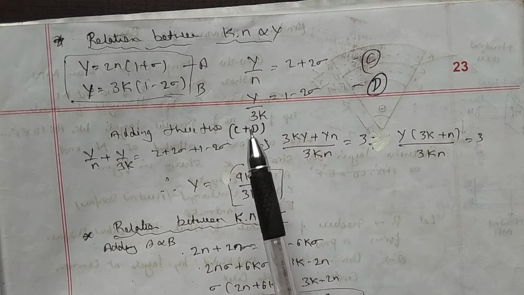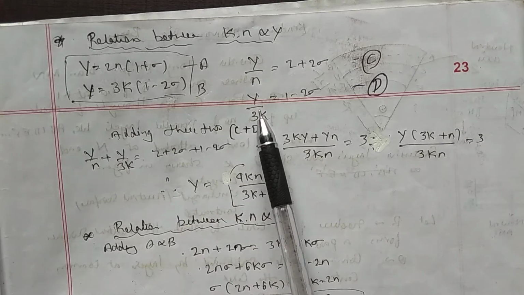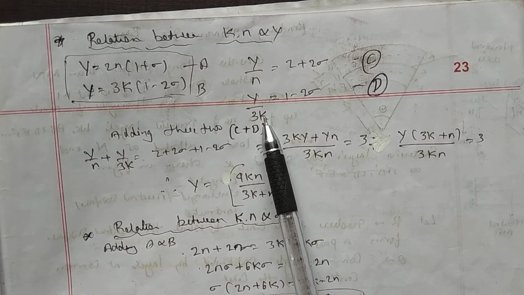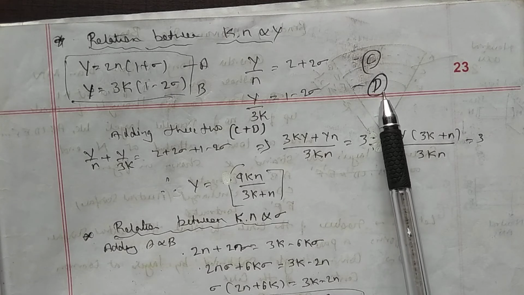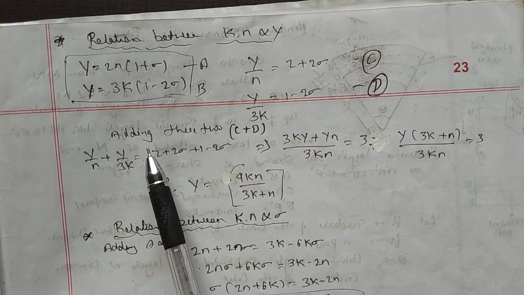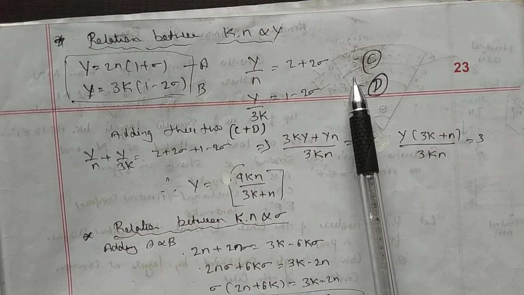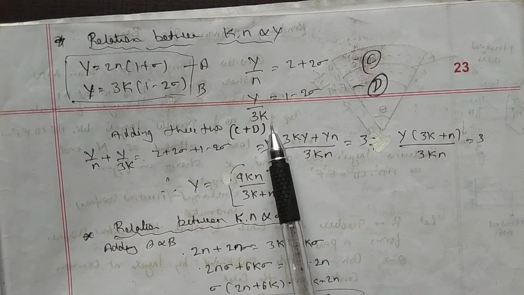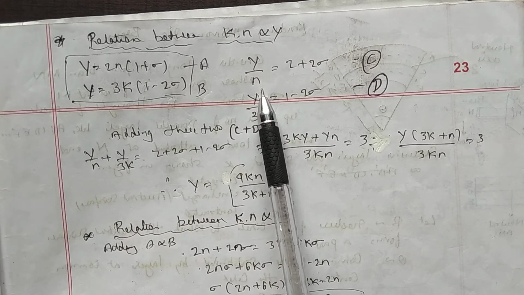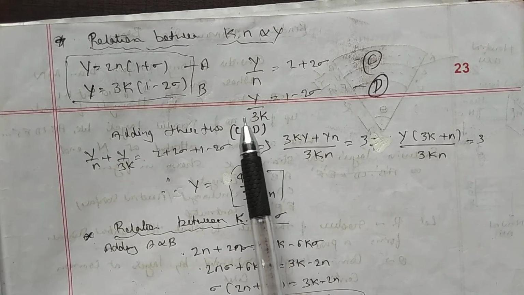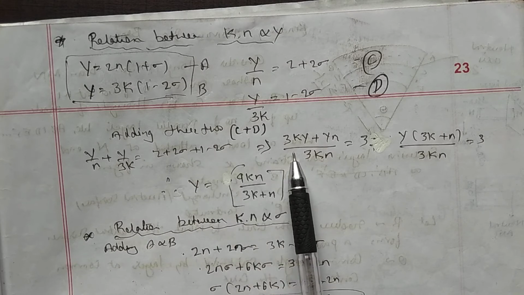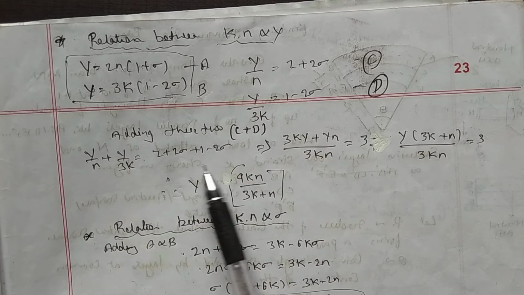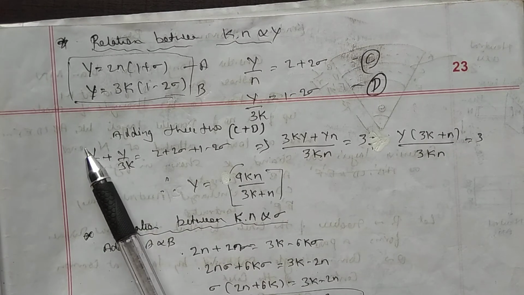We call it equation C. Similarly, equation B may be written as Y by 3K is equal to 1 minus 2 sigma. We call it equation number D. Now adding the equations C and D, that is Y by n plus Y by 3K is equal to, then on the RHS we add.